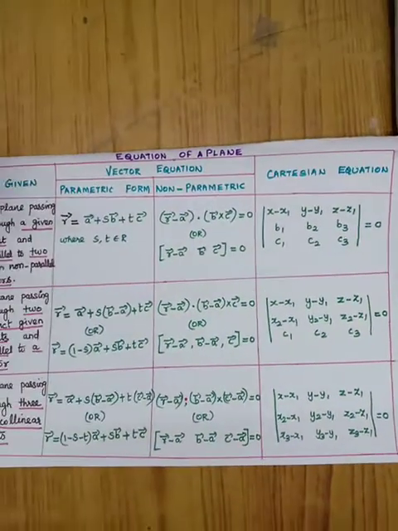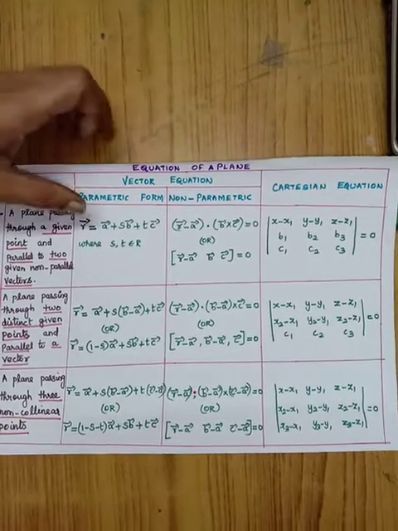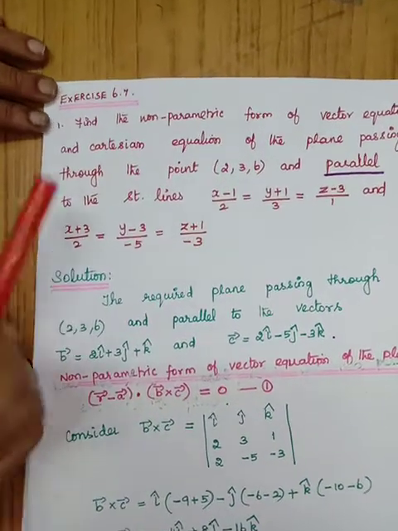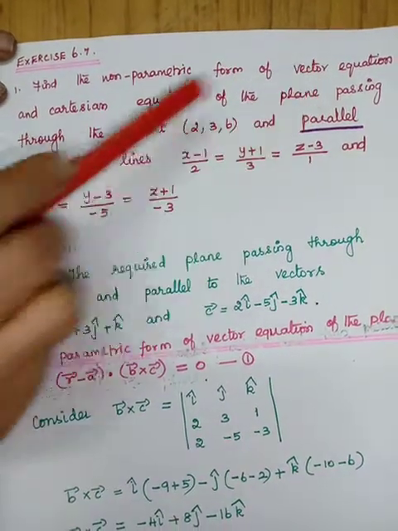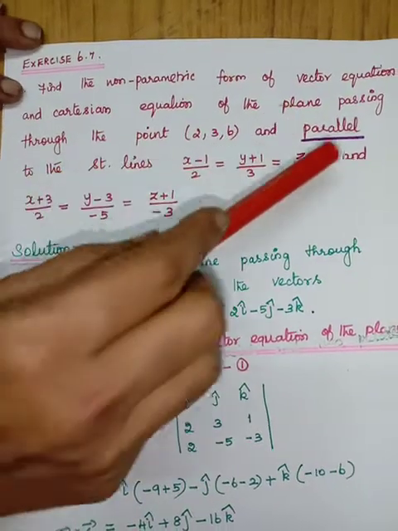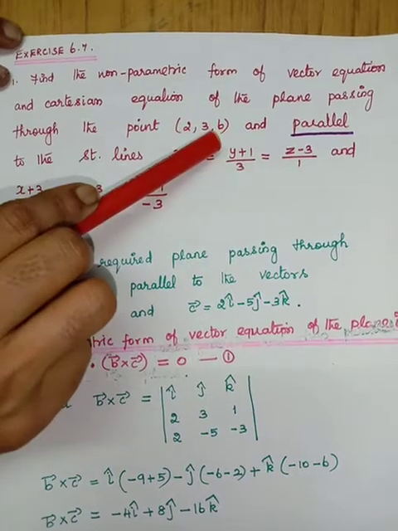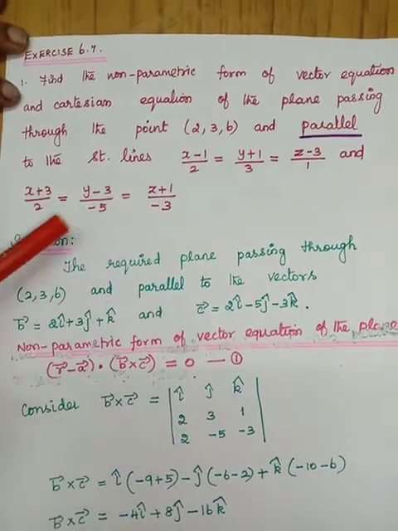So you have to learn this formula, then only you can do exercise 6.7. Okay, see now in exercise 6.7: find the non-parametric form of the vector equation and the Cartesian equation of the plane passing through the point 2, 3, 6 and parallel to the straight lines.